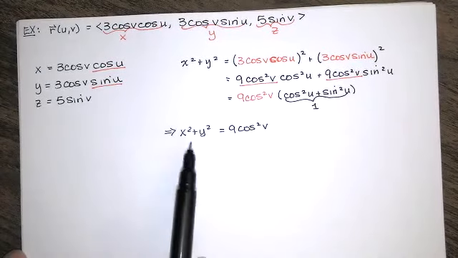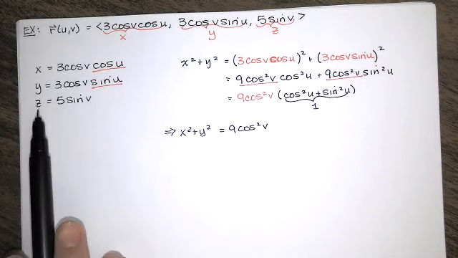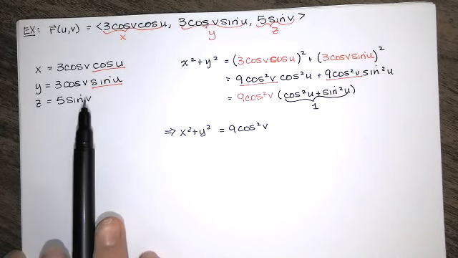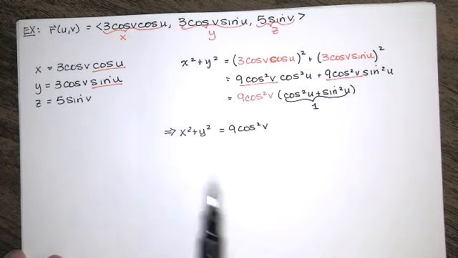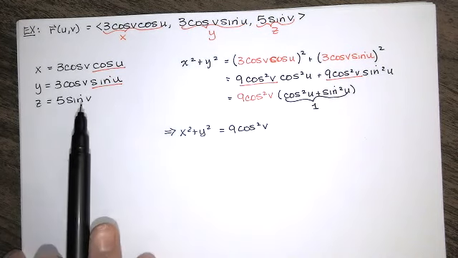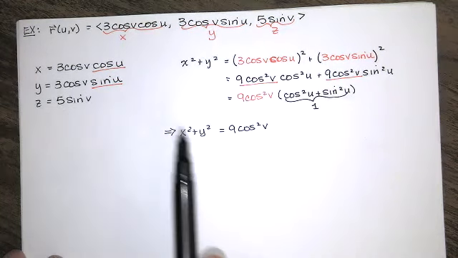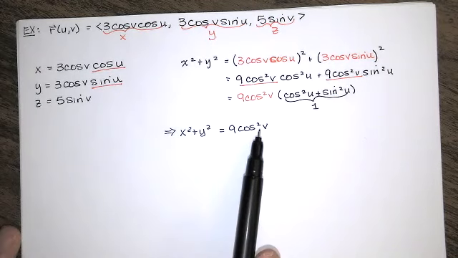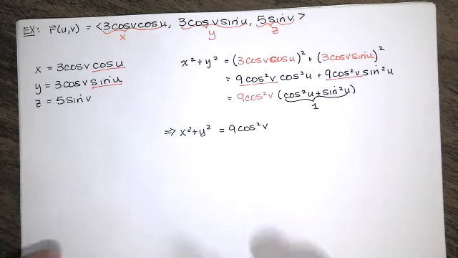All right, so that's x squared plus y squared. It still has a v in it, unfortunately. And our equation for z also has a v in it, that sine of v. But I know that sine squared plus cosine squared, when the angles are the same, is 1. So I should be able to relate this z to this x squared and y squared by using the identity that cosine squared v plus sine squared v is 1.